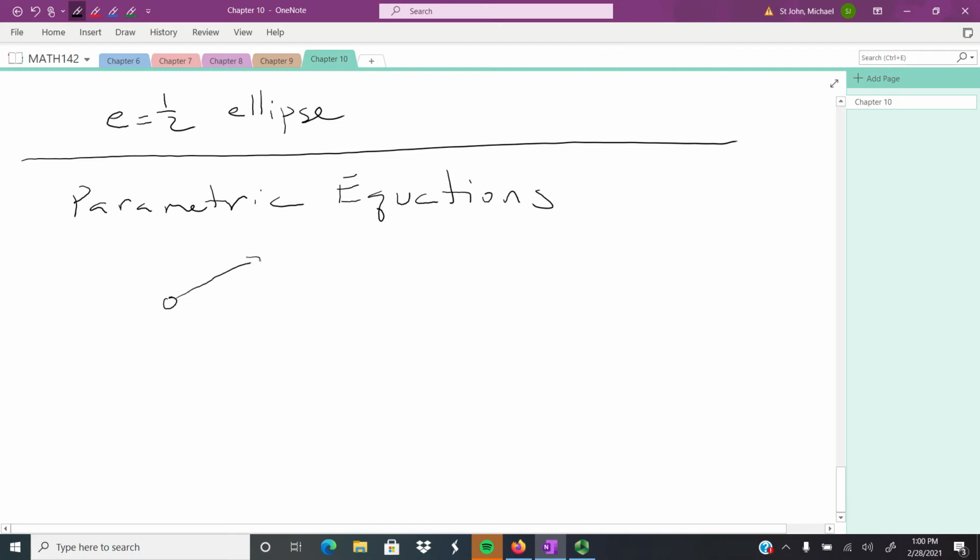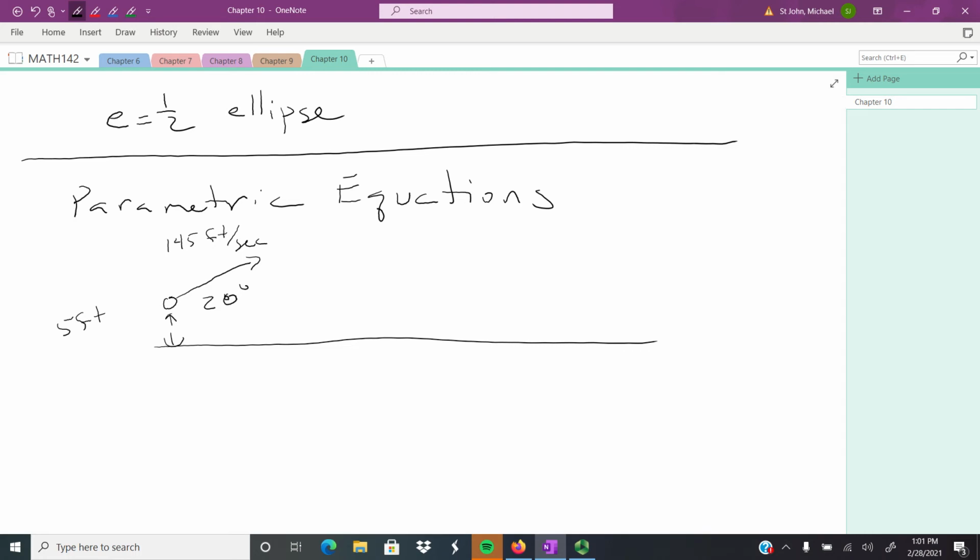We're going to give it a speed of 145 feet per second at a 20-degree angle, and it's initially 5 feet off the ground. So we want to know what's happening to this thing in terms of its x and y position over the course of time that it is in the air.